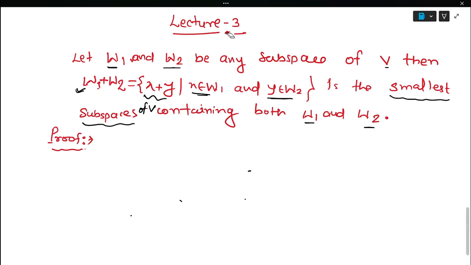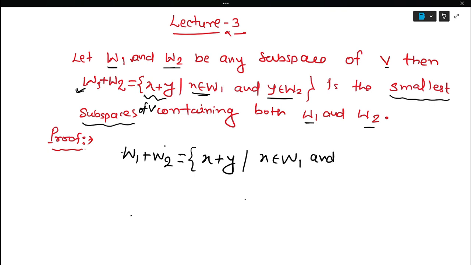So W1 plus W2 has elements x plus y, where x is in W1 and y is in W2.